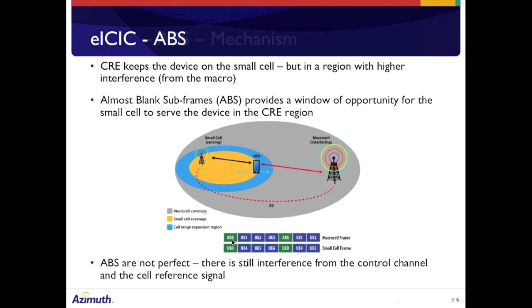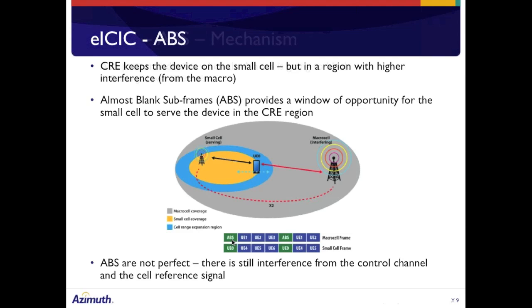So as I alluded to earlier, ABSs are not perfect. There is still interference from the control channel and the cell reference signal. The control channel will be transmitted to provide uplink grants to the handsets on the return link, and the cell reference signals are expected to be present in all subframes because that's basically a legacy fact.